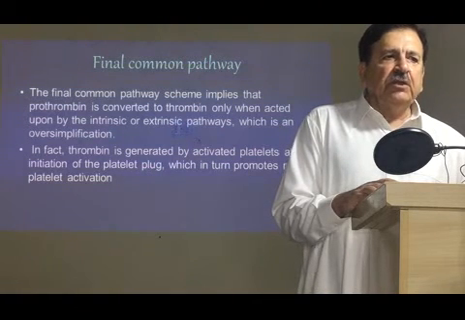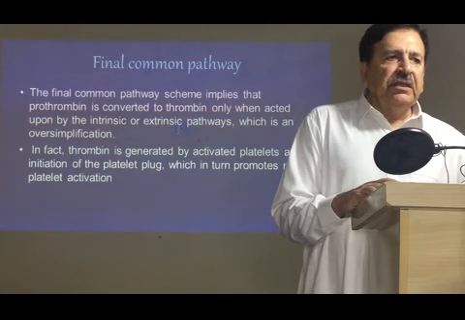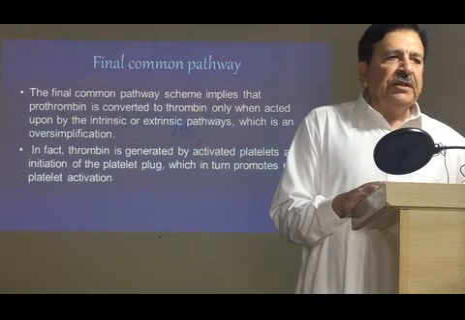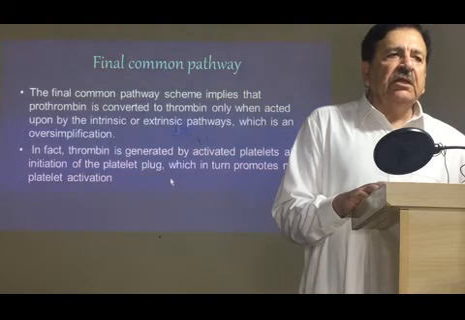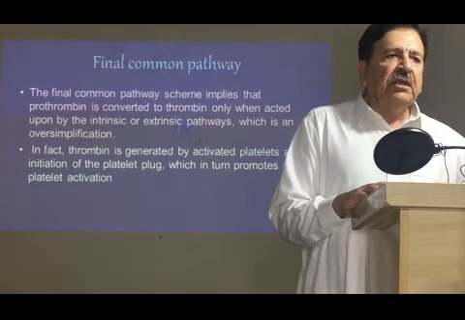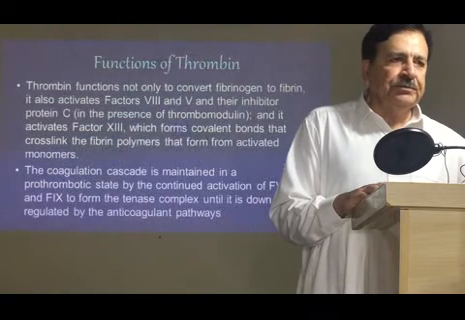In fact, thrombin is generated by activated platelets at the initiation of the platelet plug, which in turn promotes more platelet activation. Thrombin in the primary plug, we already know, causes activation of more platelets.